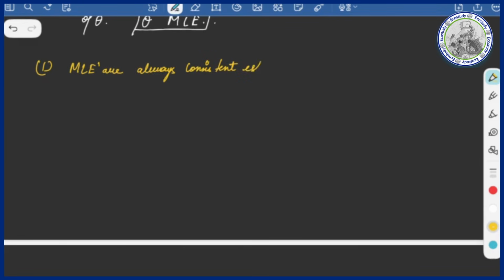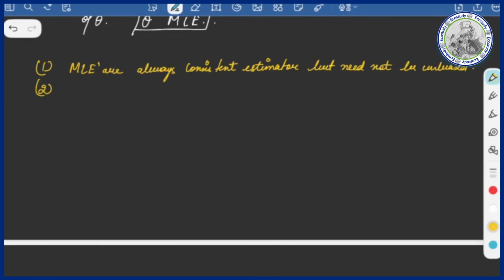Always remember, MLEs are always consistent estimators, but need not be unbiased. Your MLE may be biased, but it will always be a consistent estimator.